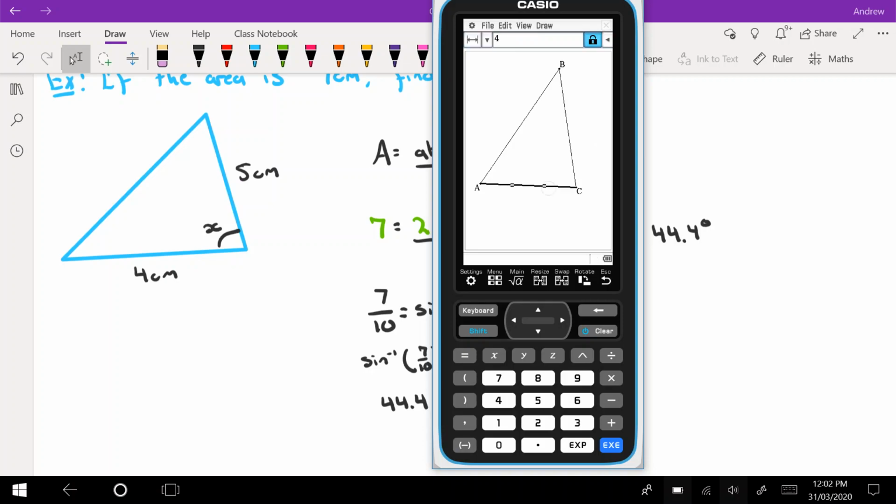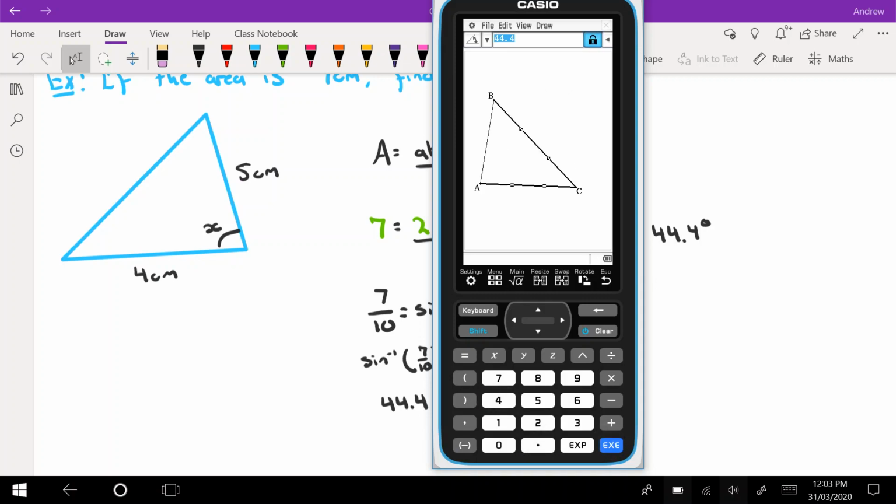If I select 2 sides, it tells me the size of my angle in between, okay? So by selecting these 2 sides, it tells me this angle BCA there, okay? So let's say now I change that, and I change it to what our answer was, 44.4, okay?